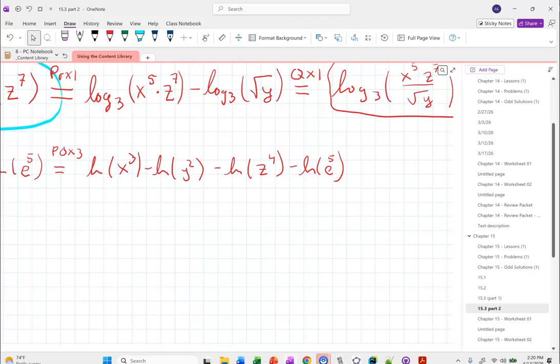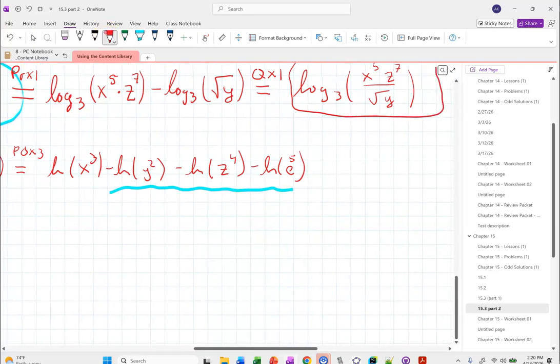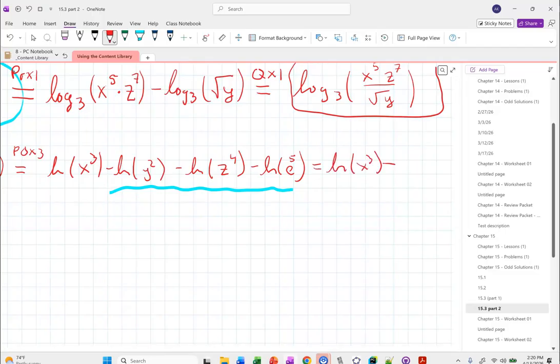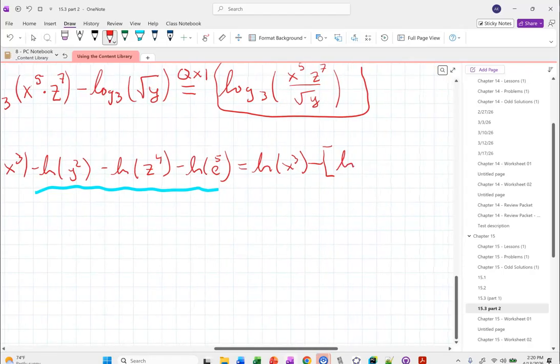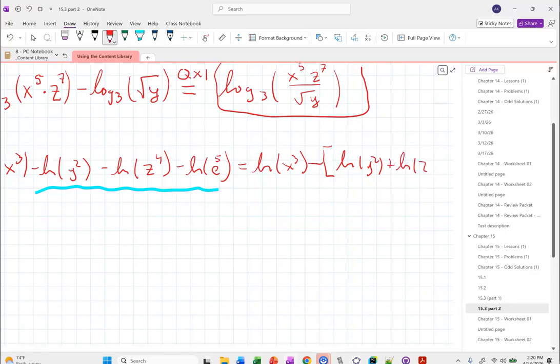Mr. Kulik, I don't see a single stinking plus sign in this problem. How are you telling me there's 2 product properties floating around in here? Oh, because of the exponents. So if I factor out a negative, I have this, right?